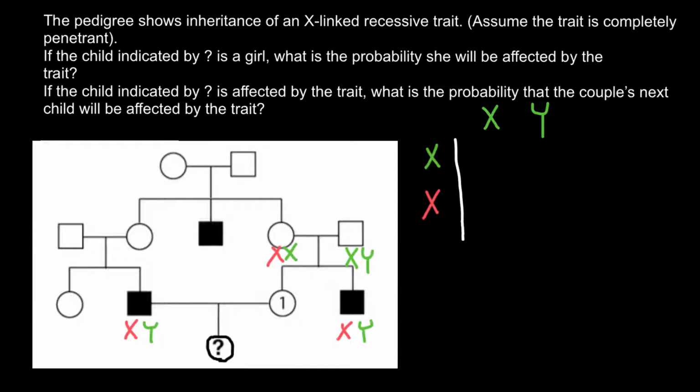When we build a Punnett square, we can see all possible variants of the genotypes this couple may have.